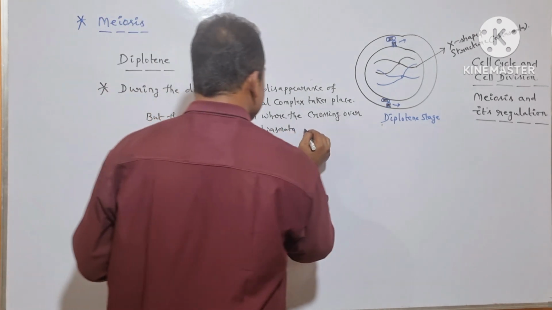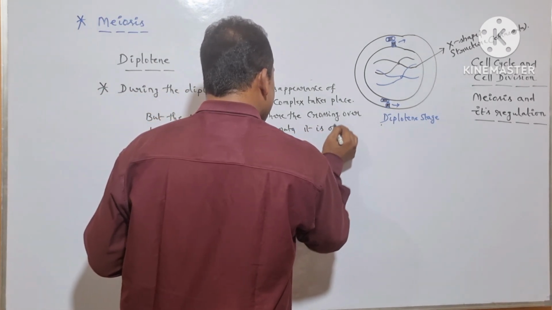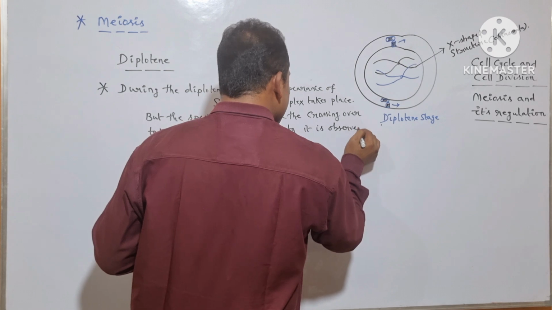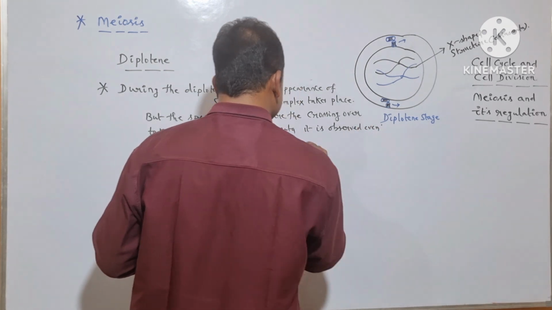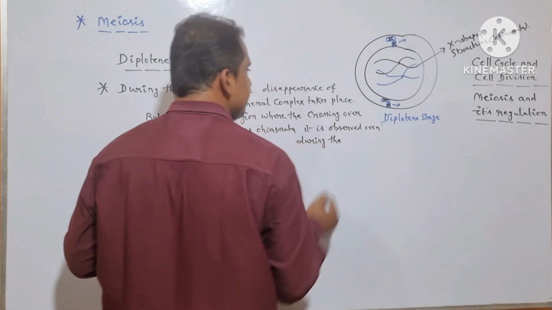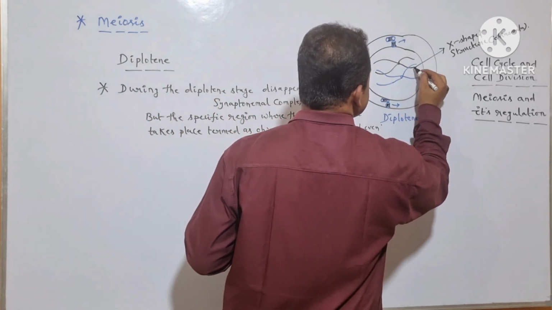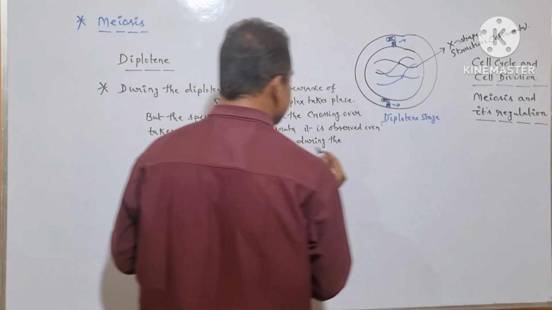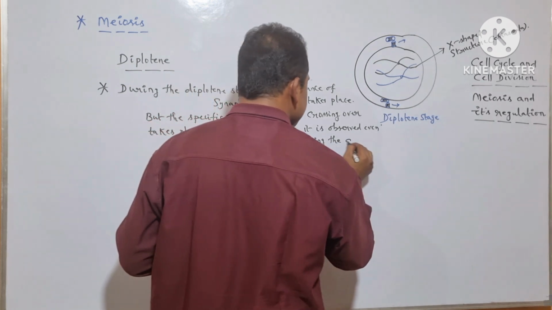It is observed even during the diplotene stage, right? The X-shaped structure termed chiasmata is observed even during the diplotene stage.